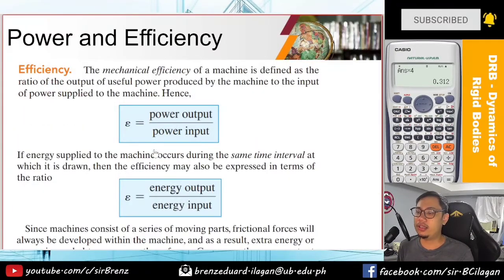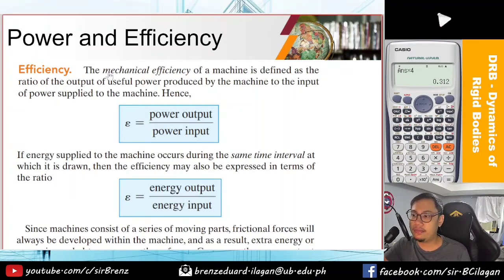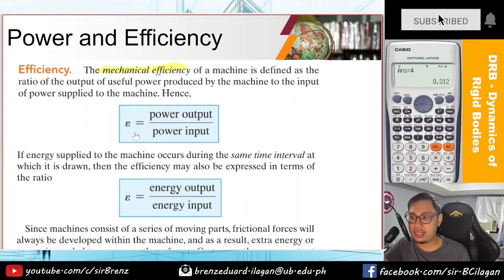Another thing about the topic of power is the word efficiency. The mechanical efficiency of a machine is defined as the ratio of the output of the machine over the input power of the machine.